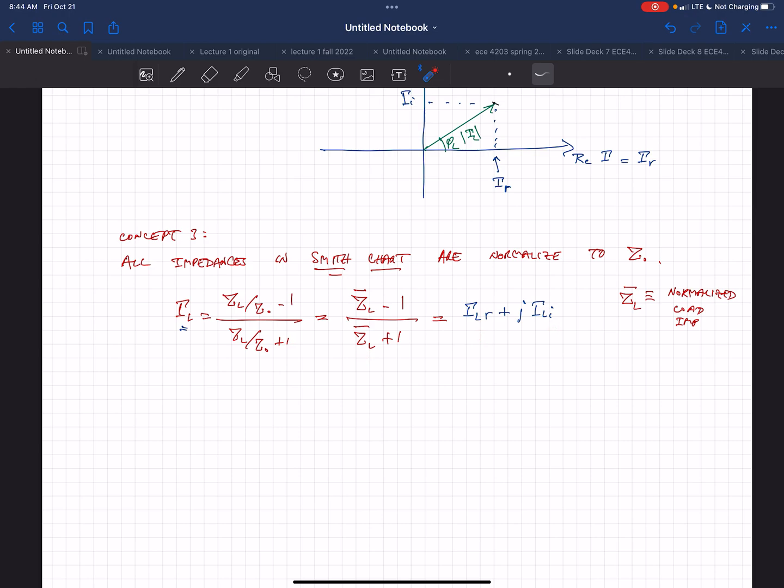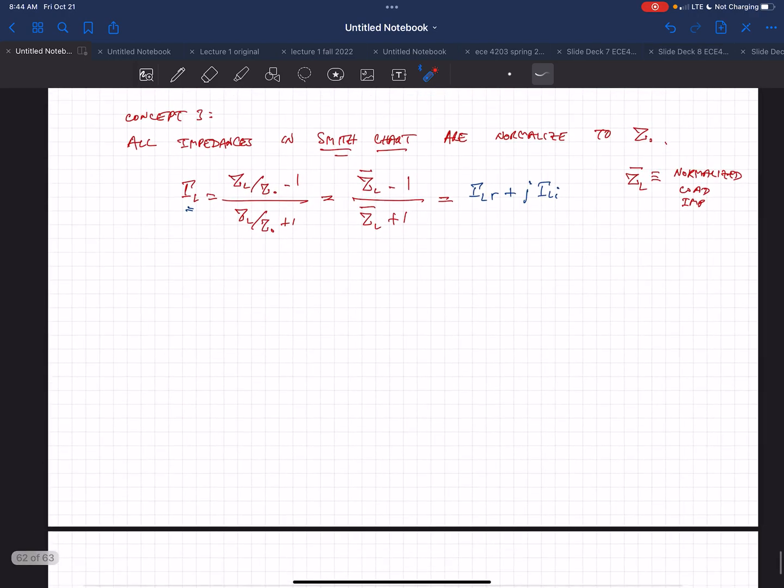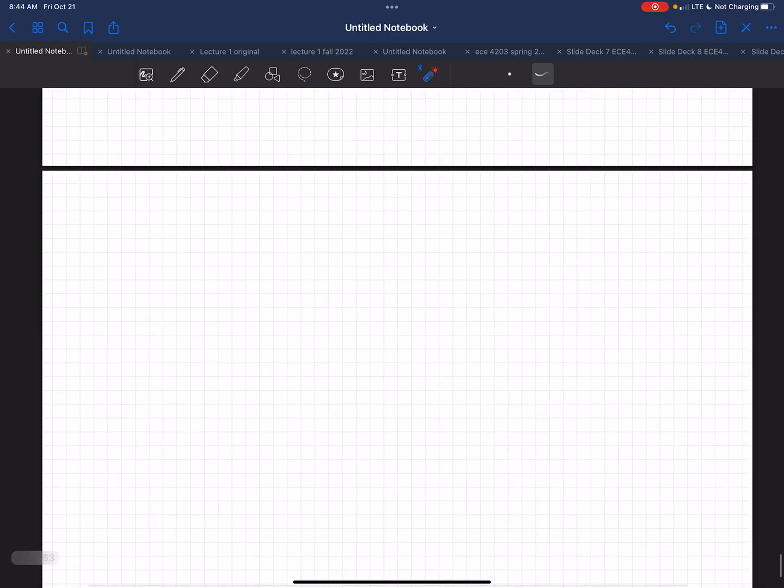Okay, so there's this functional relationship between them, and that's kind of what the Smith chart is giving you. It's giving you a visual of what that relationship is as these parameters change. Okay, so let's go back to this reflection coefficient anywhere along the line.